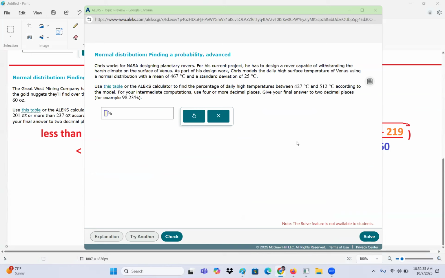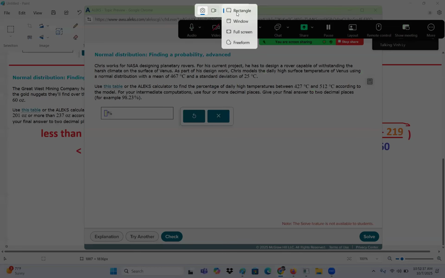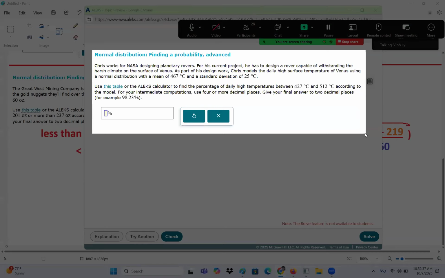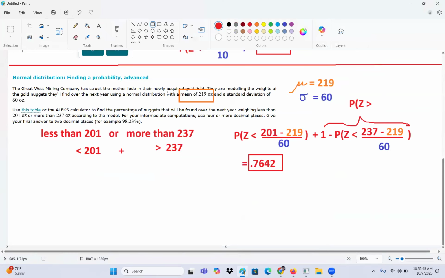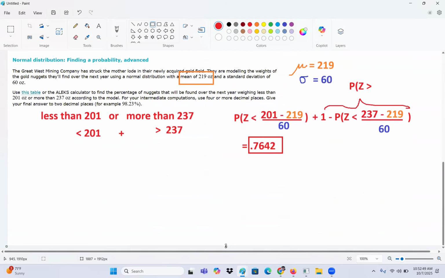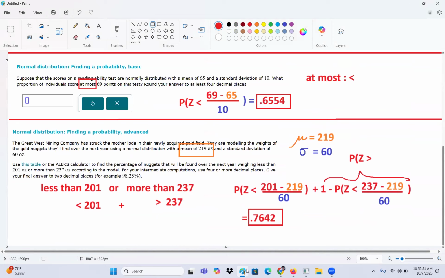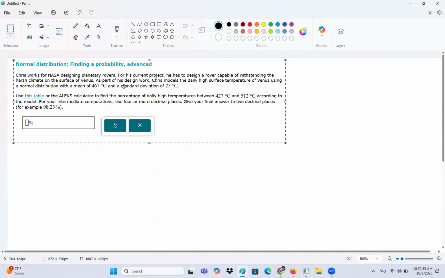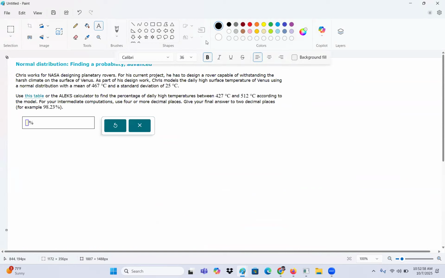Let me work through one problem for between, and after that I'm going to move up to the other thing. I don't have enough space, so I'll move to the next one. I want you to find the probability between 427 less than x less than 512.